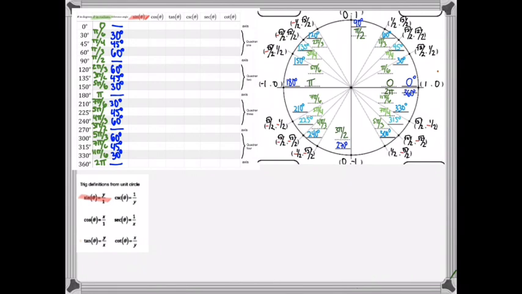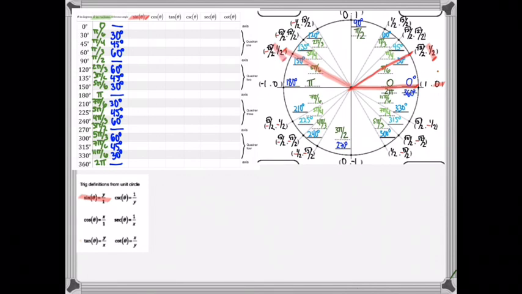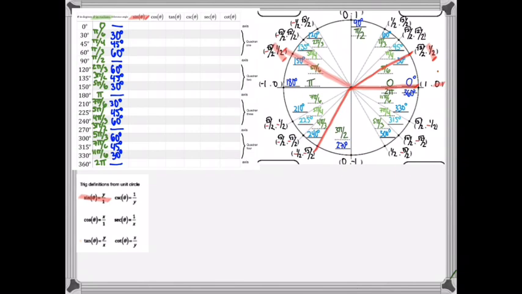So if I take the sine of 0 degrees, it would just be 0 because it's the y value of those points that we discovered. The sine of 30 degrees would be 1/2. The sine of 150 degrees would be 1/2. The sine of 240 degrees would be the negative square root of 3 over 2.